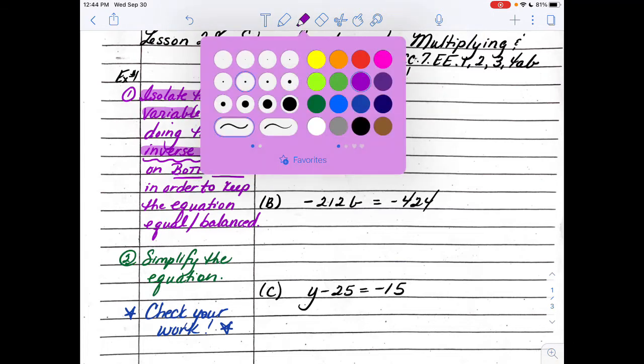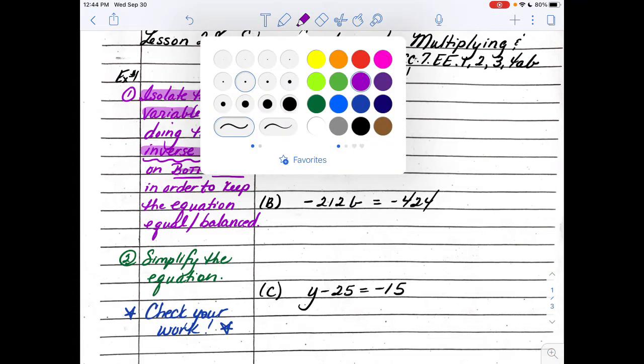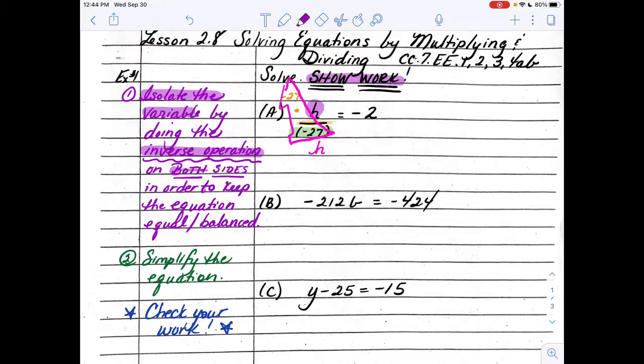But we have to be very careful. Remember, we said that equal sign was a nice even balance. We have to do that inverse operation on both sides. It cannot be on one side, it has to be on both sides in order to keep the equation equal or balanced. So if I put a times negative 27 on the left, I have to multiply by negative 27 on the right.